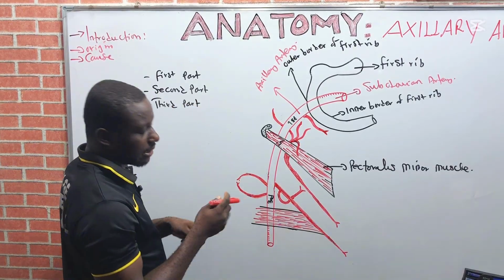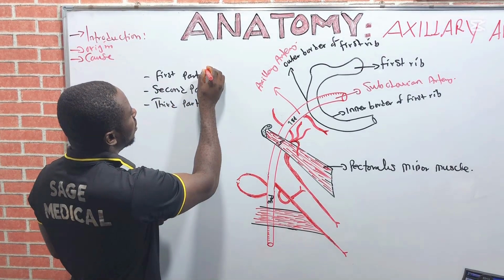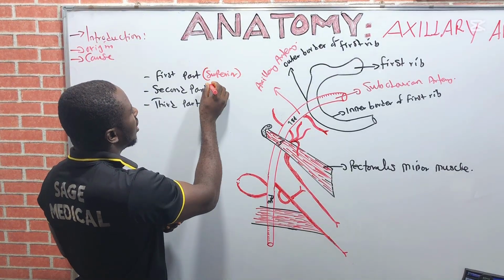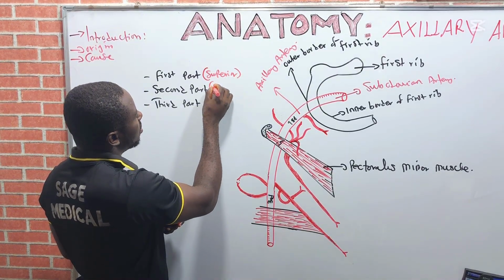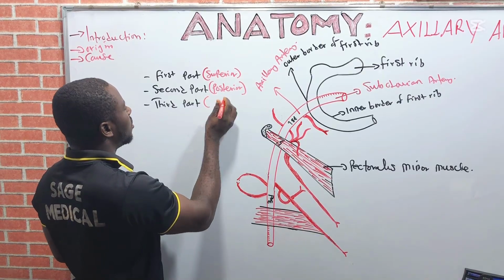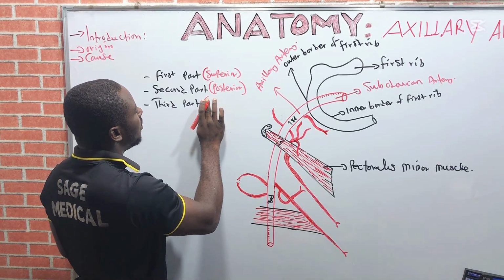The first part can be called the superior part. The second part can be called the posterior part. The third part can be called the distal, the inferior part.